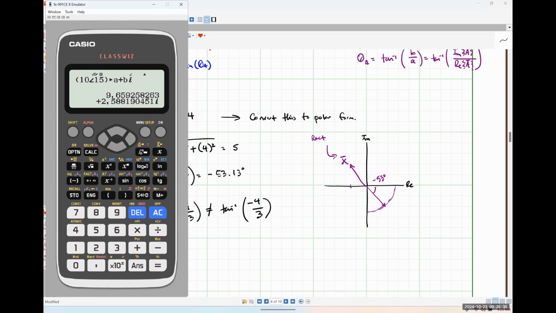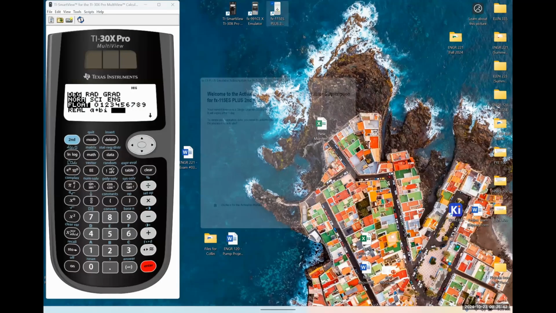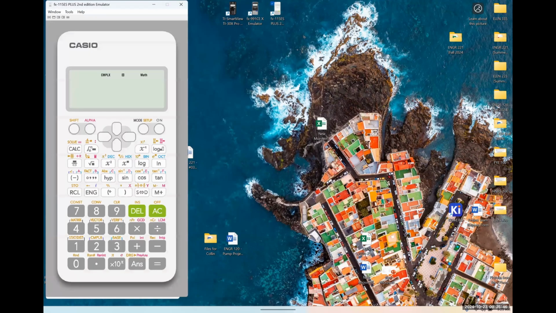For the Casio 115 people, the process is very similar. Let me open that one up. I don't know why it won't let me have both Casio things open at the same time, which is rather annoying. For the Casio 115 folks, you get the angle operator by pressing Shift and then the negative key. And then we have our option to convert it into rectangular form, like so.